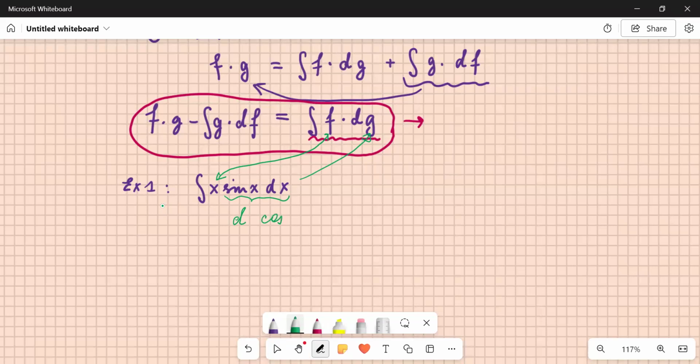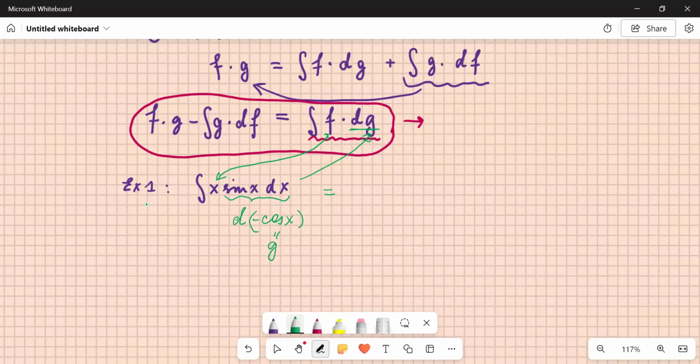Well, we need to differentiate negative cosine of x, right? Remember from our table, you differentiate negative cosine, you get sine, right? So, according to my formula, my function f is x. What is my function g? If I compare it to the expression over here, whatever sits under the d sign is minus cosine. So my function g actually is minus cosine.